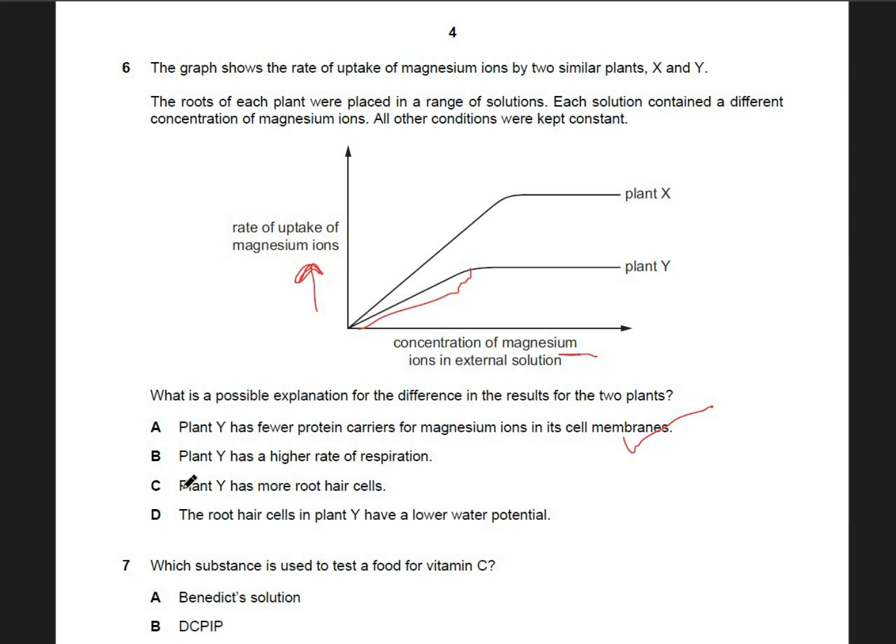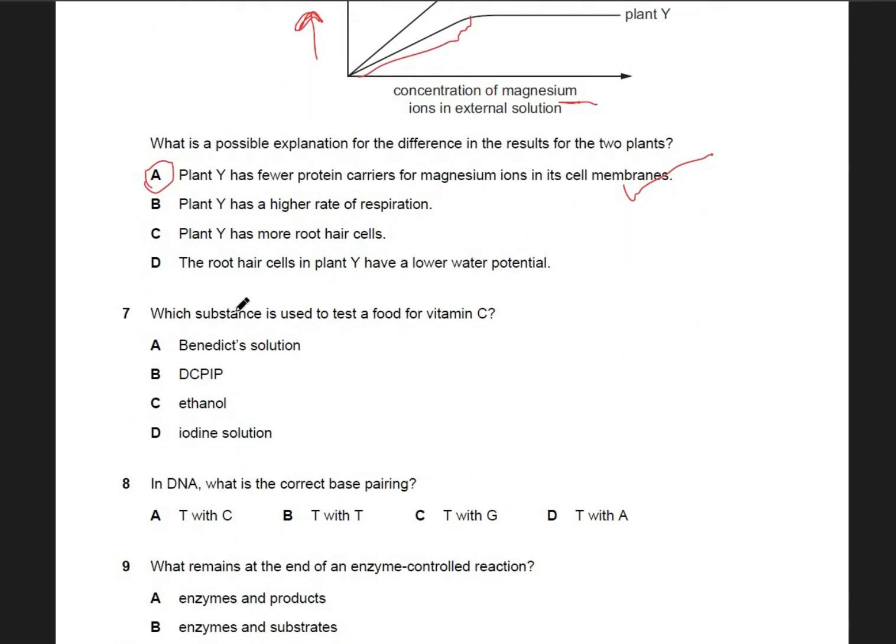Option C says plant Y has more root hair cells. No. Option D says the root hair cells in plant Y have a lower water potential. That's not the case. So the answer is A, that plant Y has fewer carrier proteins for magnesium ions in its cell membranes.